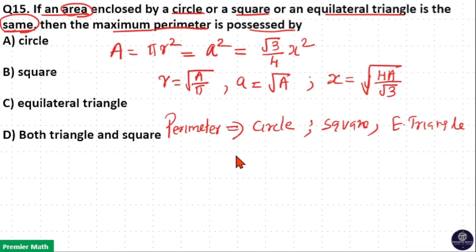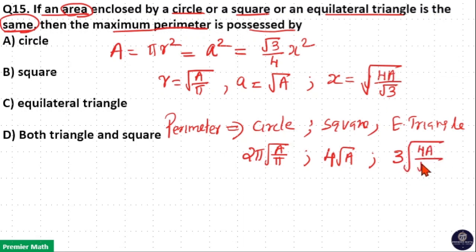The perimeter of the circle is equal to 2 pi r, that is 2 pi into root of A by pi. The perimeter of the square is 4 times the side, and here the side of the square is root A. The perimeter of the equilateral triangle is 3x, so 3 into root of 4A divided by root 3.